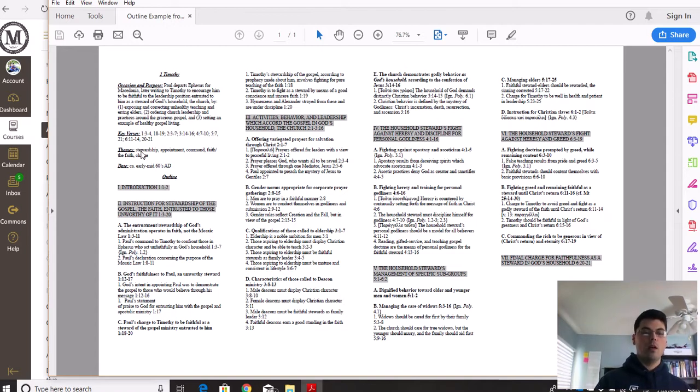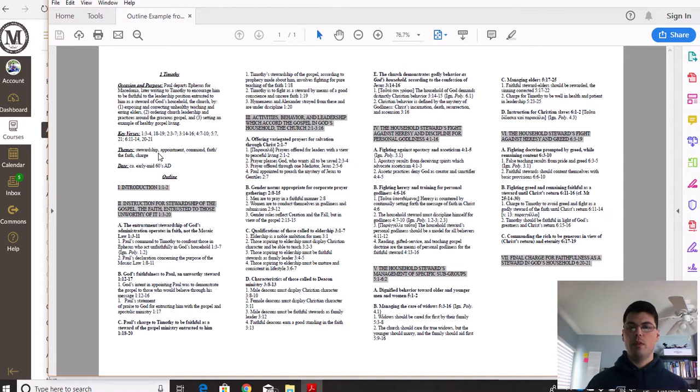Themes, you could try to discover a main theme. I would be very satisfied if you tried to do that, but at the minimum, at least come up with some themes that the book is focused on. And another way you could do these key verses here with the themes is to, after you list the theme, list the key verses for that theme.